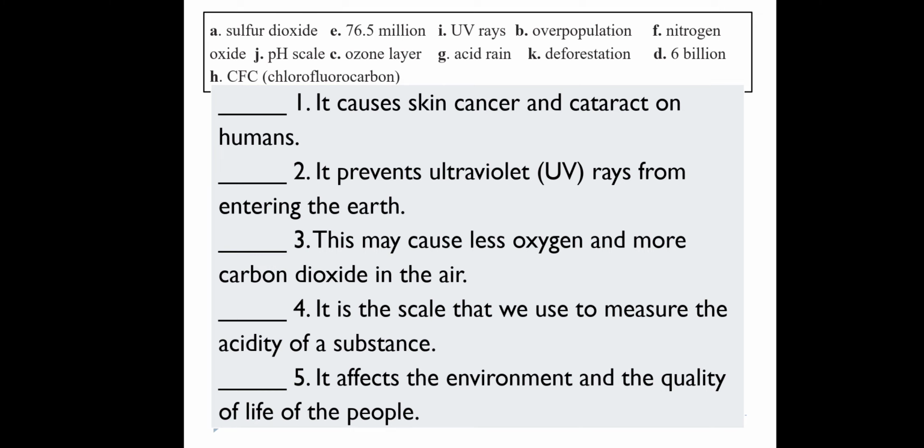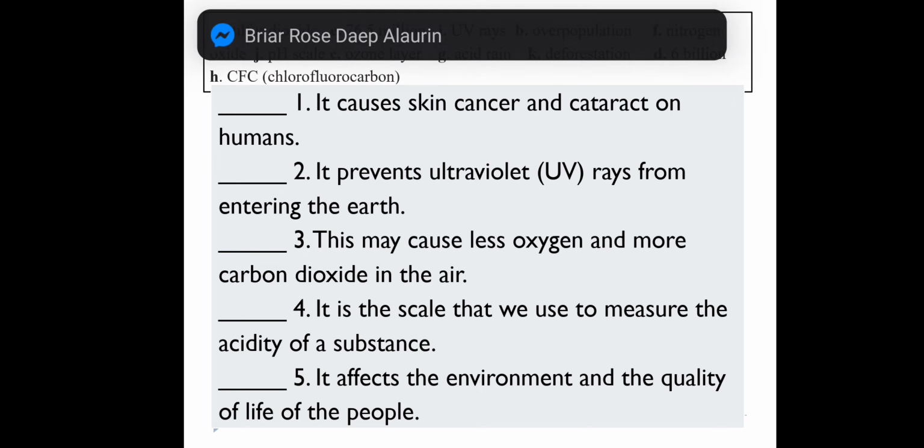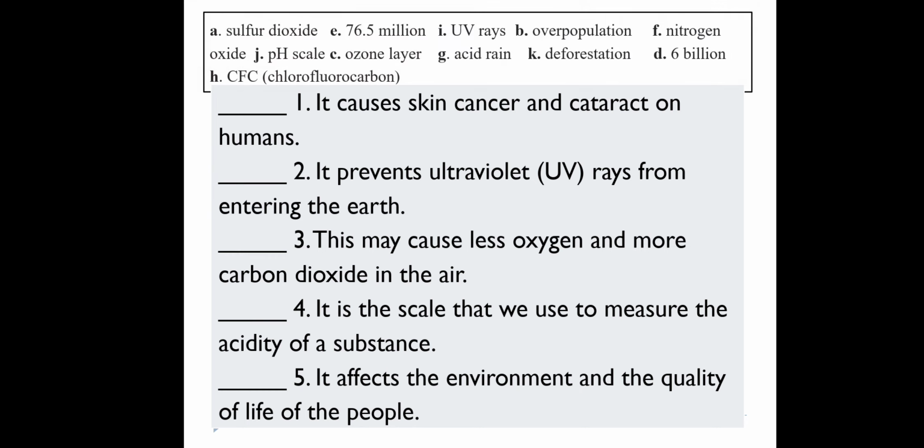It causes skin cancer and cataract on humans. Number 2. It prevents ultraviolet rays from entering the earth. Number 3. These may cause less oxygen and more carbon dioxide in the air. Number 4.